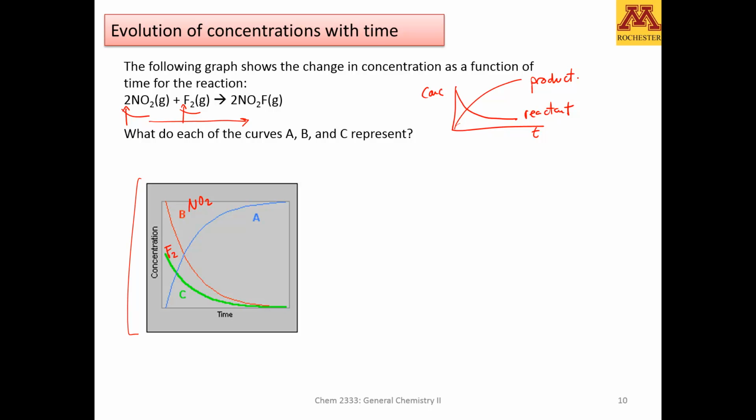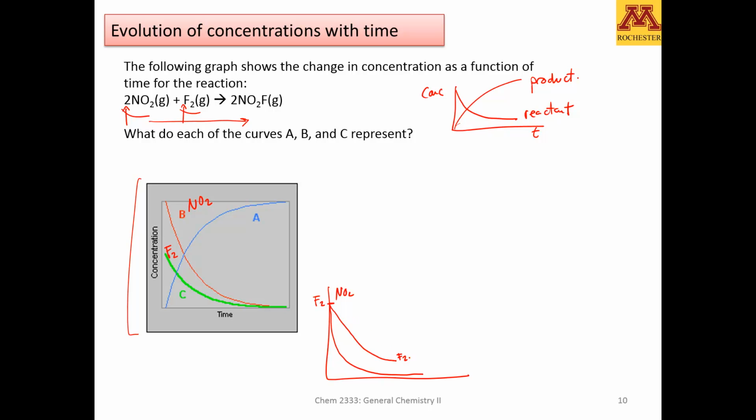Again, because just by looking at the slope, not necessarily the concentrations, we could have started the concentrations at the same point, so let me just show what it would look like. If we had started with equal concentrations, NO2 would have disappeared faster than F2, okay?